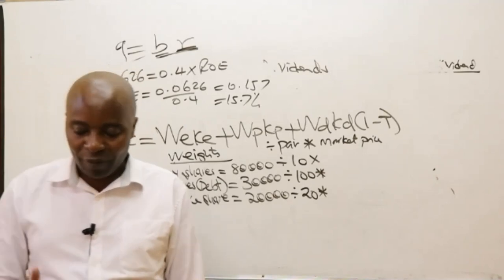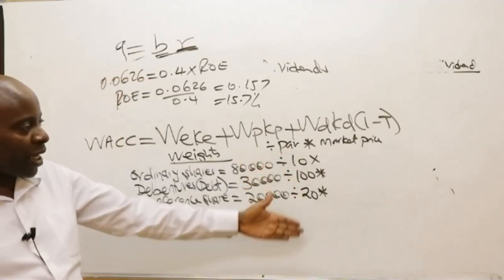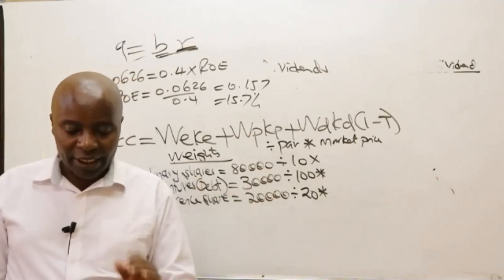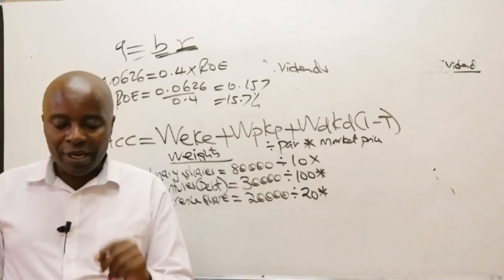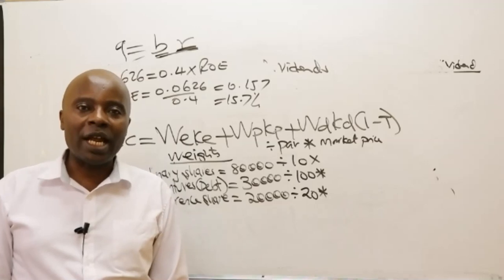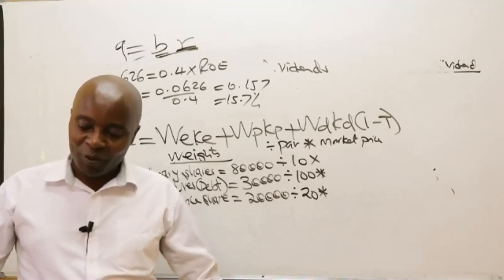Go to the additional information, and you get the market prices now. I'm waiting to hear from you the market price of an ordinary share. You have talked to me.